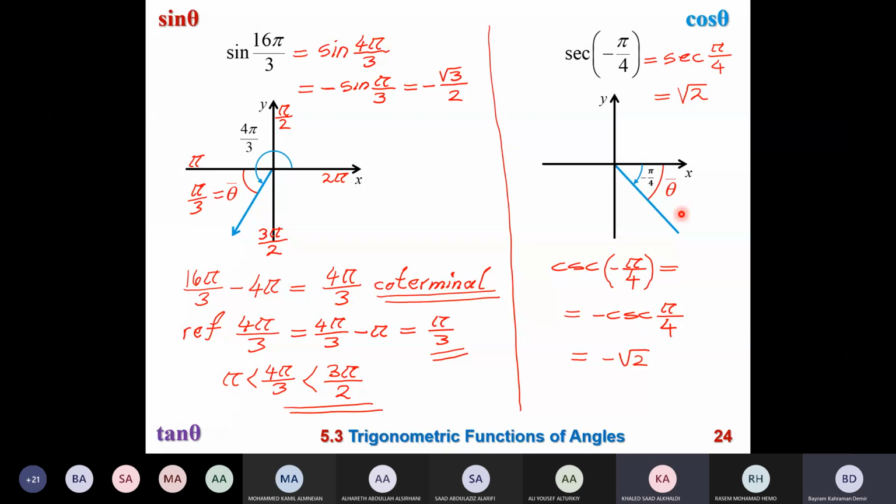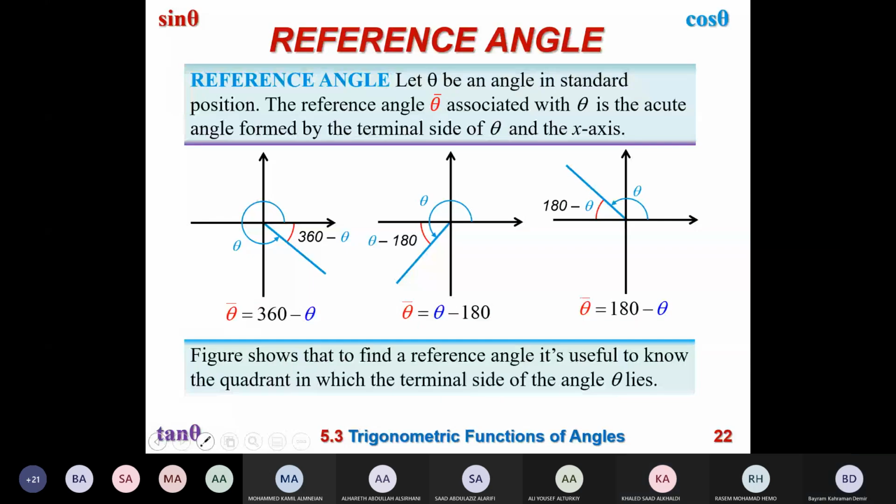Doctor, is there any case where we subtract 2 pi if the angle is in the fourth quadrant? Yes, here, Shabab.